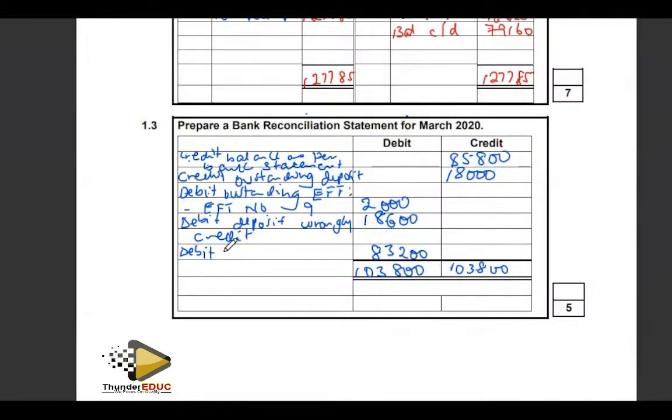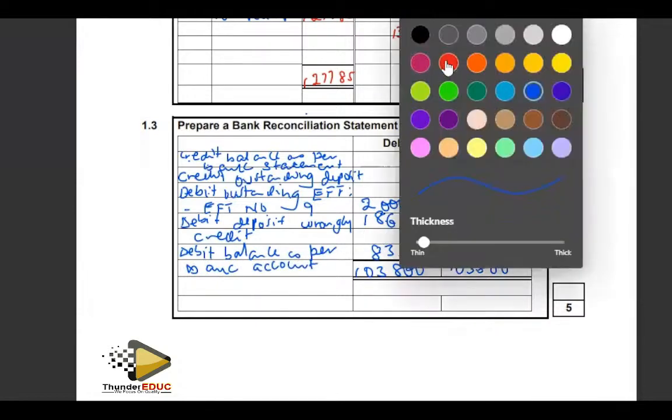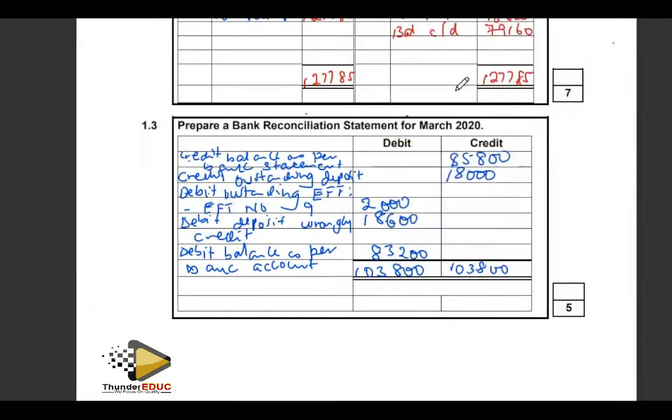It says debit balance as per bank account. I'm using this line because I don't have enough space. Please, this figure here, this question had some errors, which the balances, the figures are not balancing, but I'll cross-check and see what happened.